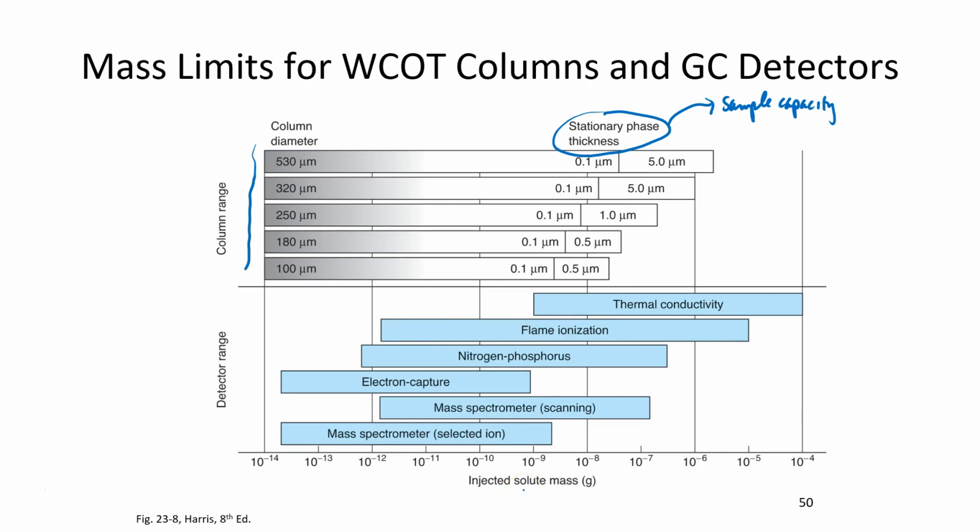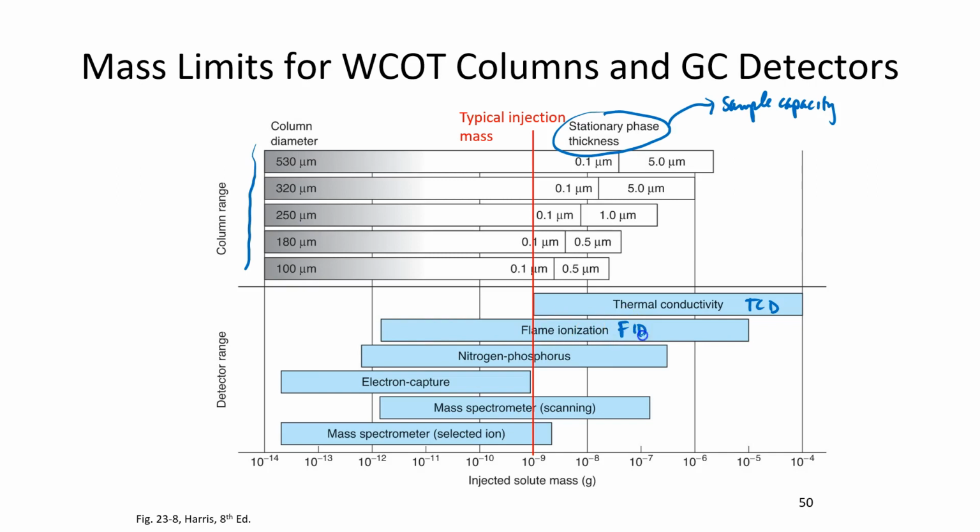Now, the typical mass that gets injected into a GC is about a nanogram. And what is this figure showing? You can use stationary phases as thin as 0.1 micrometers, but the TCD detector isn't sensitive enough.